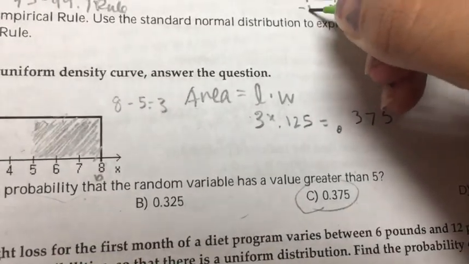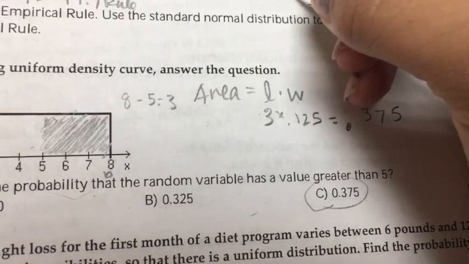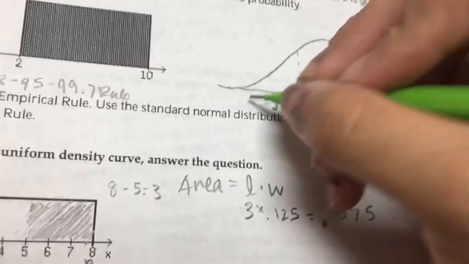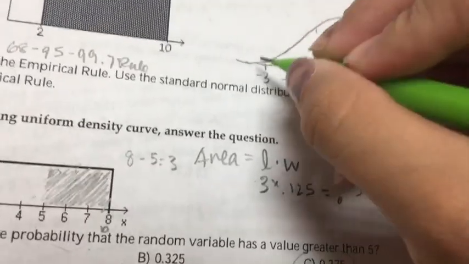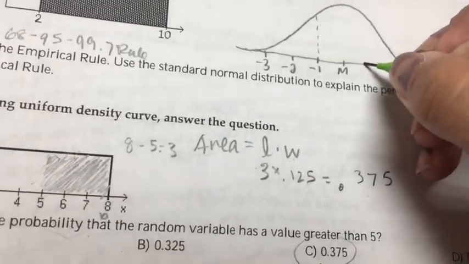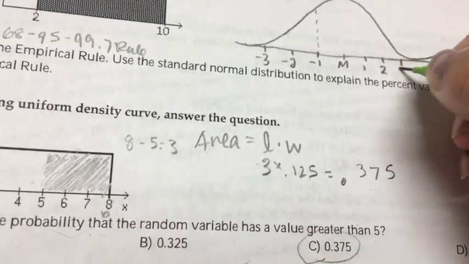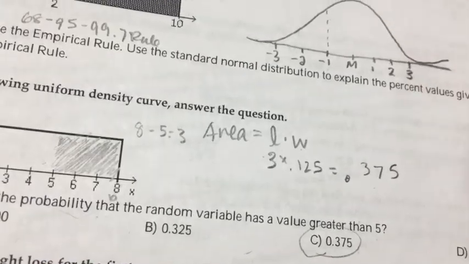Let's say that this has a z-score of 0, and then -1, which is -1 standard deviation, -2 standard deviations, and then -3 standard deviations, and then the rest just goes on. And then there's 1 standard deviation above, 2 standard deviations above, and then 3 standard deviations above, and then it goes on again.